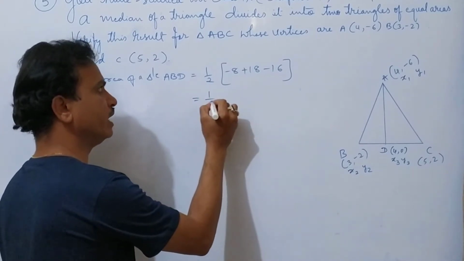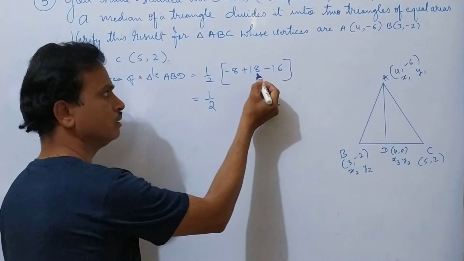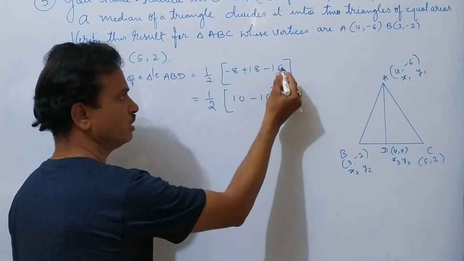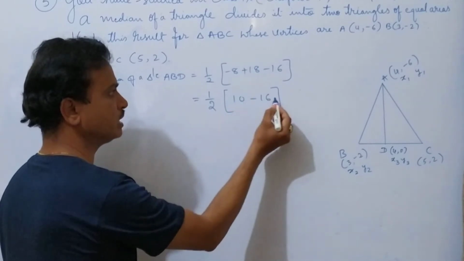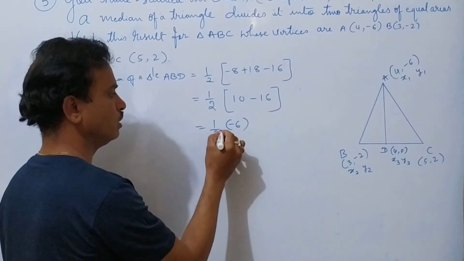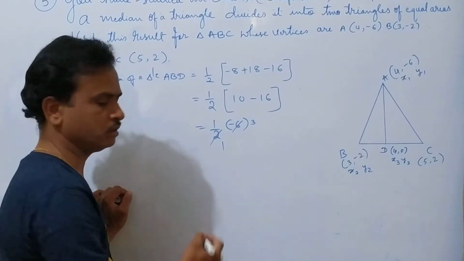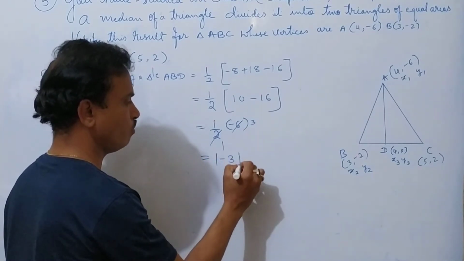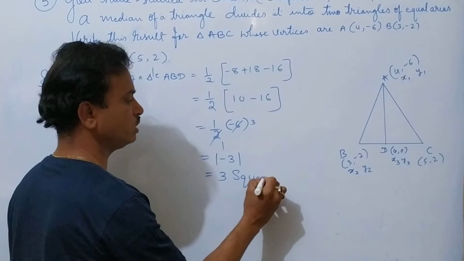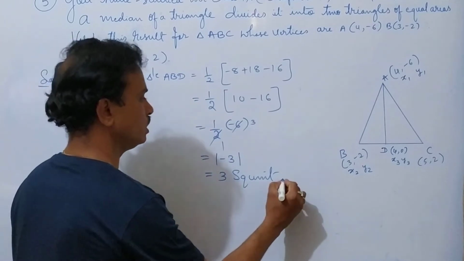So 1 by 2 into (minus 8 plus 18 minus 16). 10 minus 16 is minus 6. Reduce it: 2 3s are 6, so we get minus 3. Take the mod of minus 3, so it becomes plus 3 square units, because area we have to measure as positive. So this is the first.